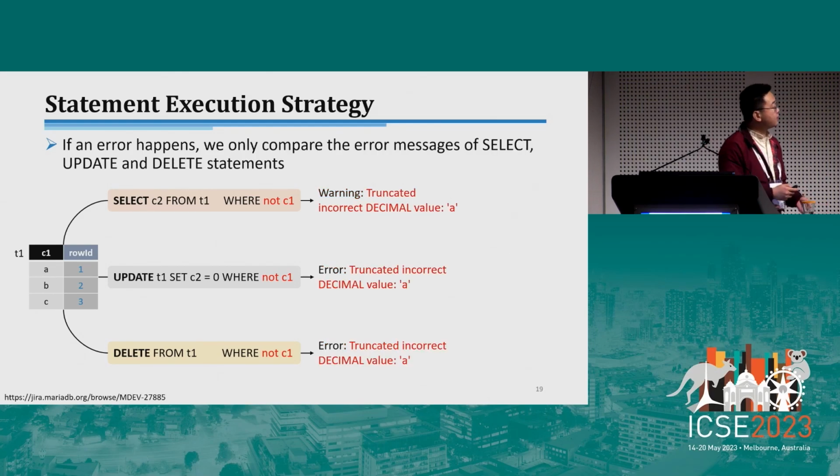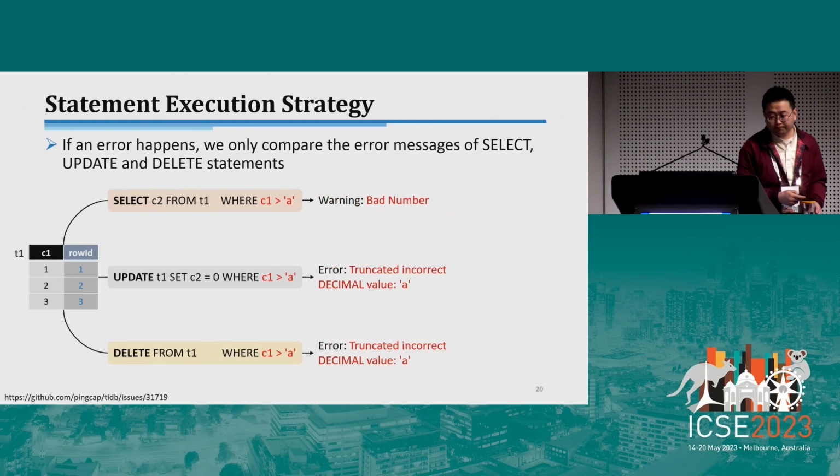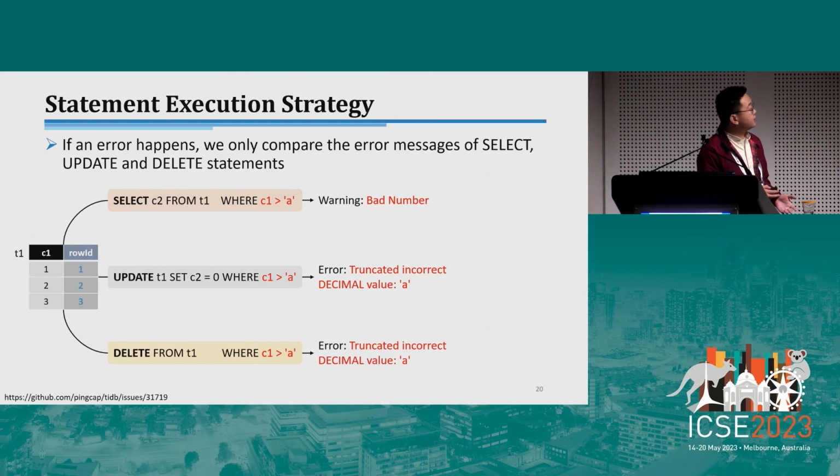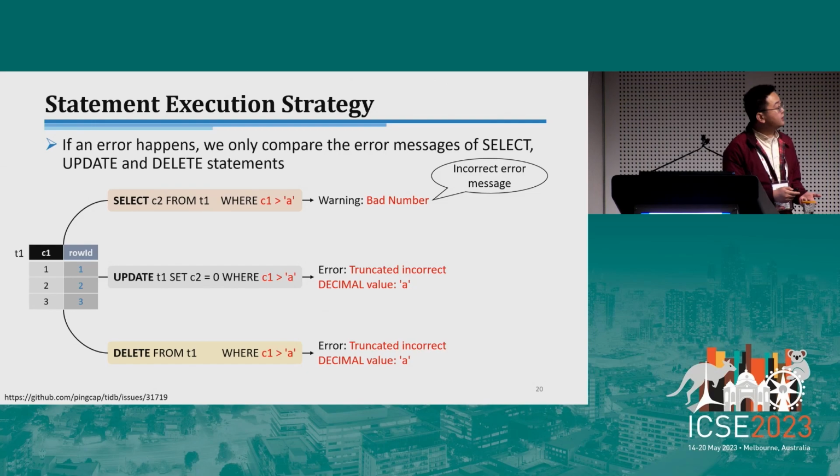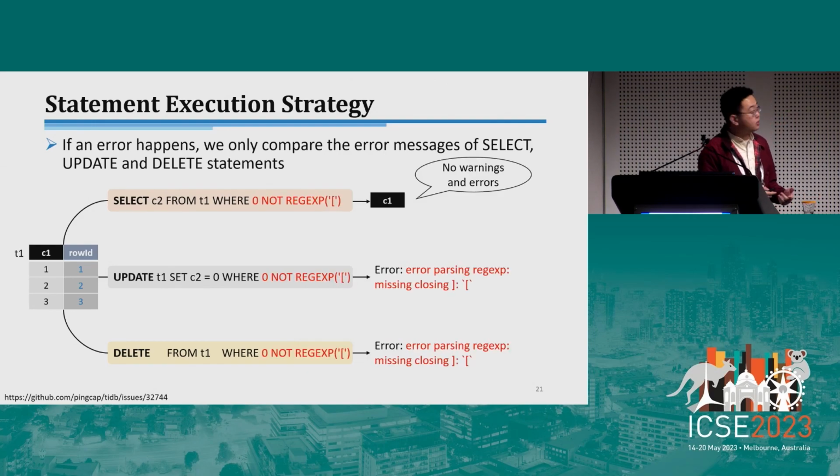However, this error message should be the same. If these statements write different errors, for example, if the select statement writes an error message while the others do not, we can detect this kind of bug. In another example, when a select statement should write an error but does not, we can also detect this kind of bug.